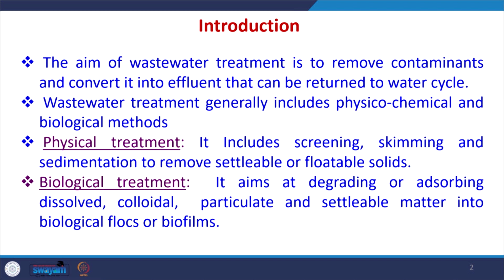Now, wastewater treatment units generally include both physico-chemical and biological methods, and physical treatment involves screening, skimming, sedimentation etc. to remove the floatable or settleable solids, and ultimately after physical treatment we have to go for biological treatment. And in the biological treatment we want to remove the various types of organic matter present.